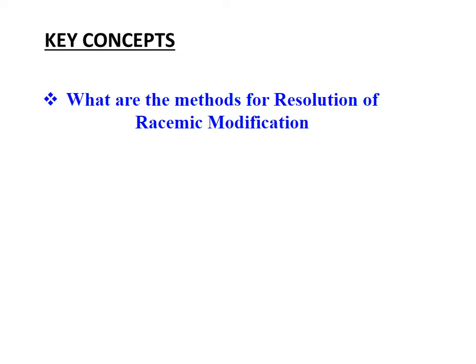The key concept of today's lecture is the methods for resolution of racemic modification, and we will give you some details on these methods which are used for the separation of enantiomers, because it's very difficult to separate the enantiomers.